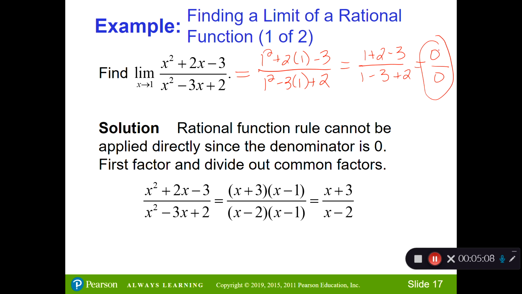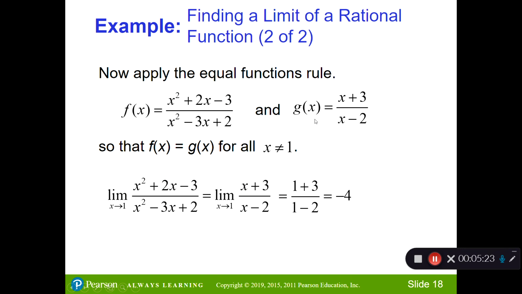When I plug in and I get 0 over 0, I should be able to factor the expression and remove the common factor from the top and bottom and evaluate the equivalent expression to evaluate the limit. So I would plug in, add the 1 to this expression. I get 1 plus 3 over 1 minus 2. That's 4 over negative 1, so a negative 4.